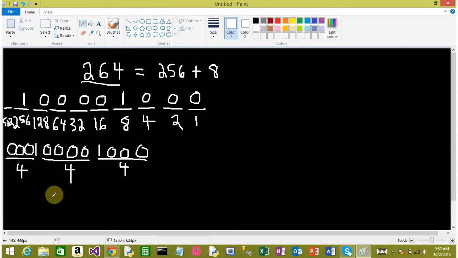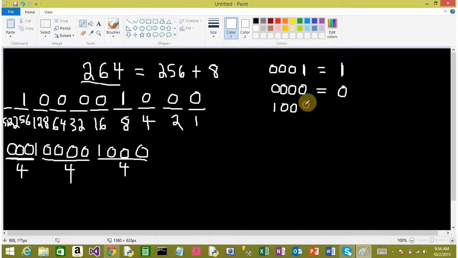So now we're going to do each of these nibbles, starting with the one to the far left. So 0, 0, 0, 1. And we see that that's just equal to 1, right? So that's in the 1's place. And then we have the next one, 0, 0, 0. Well, that's just equal to 0. It's no value. And then we also have the last nibble, 1, 0, 0, 0.